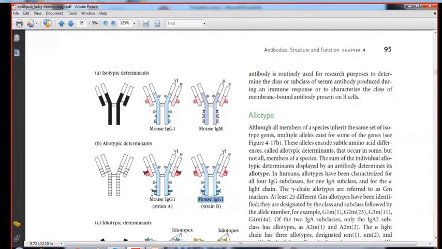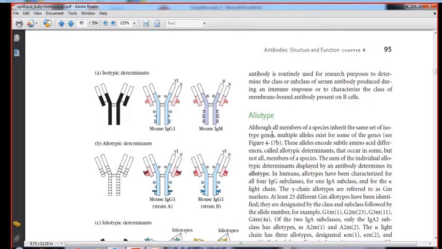In this particular area you can see a ball-like structure, a triangle-like structure, and this third structure is quite different. So one or two regions might be different, and a similar phenomenon may happen in the light chain constant region. You can see this particular structure and this structure is quite different. So one or two amino acids may be different, and as a result we can say they are allotypic determinants.